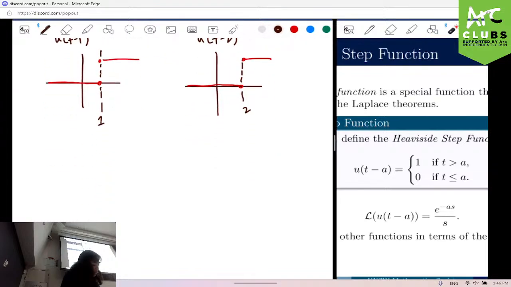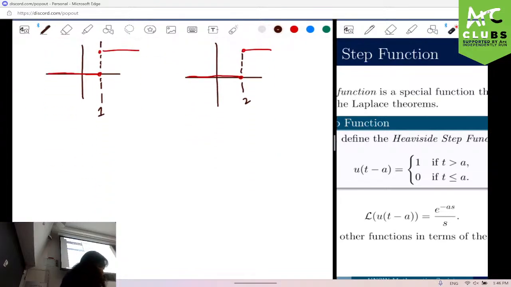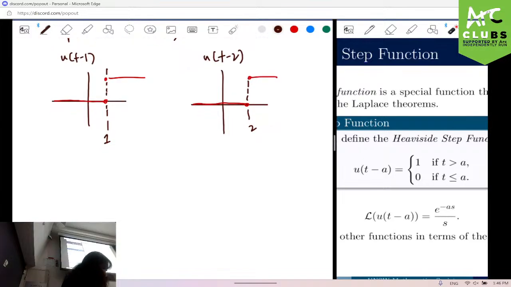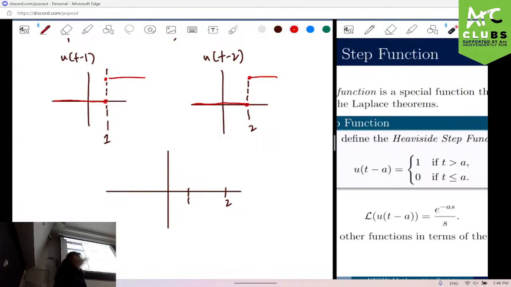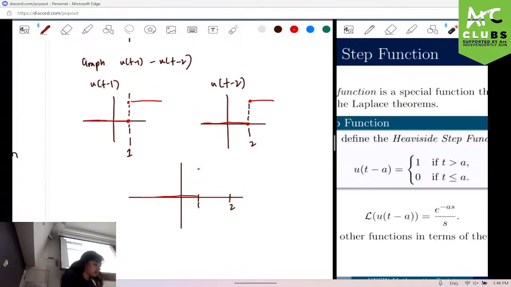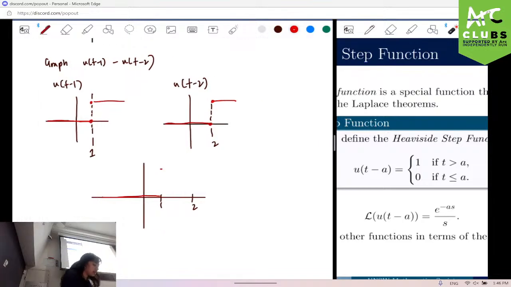So when we combine this, let me draw the graph really quickly. As the function approaches 1, it'll be 0, but then at 1, it's going to turn on. Then as it approaches 2, it'll still be 1, because this is still 1.